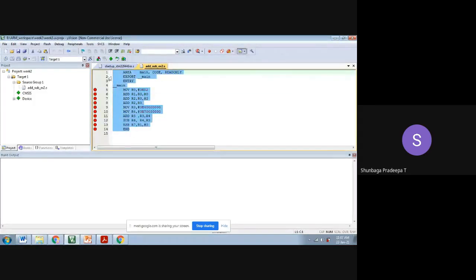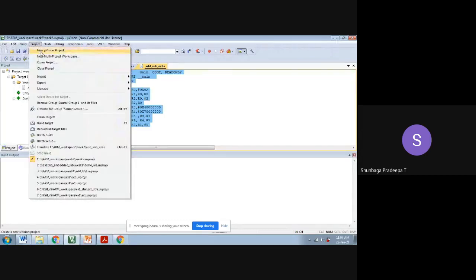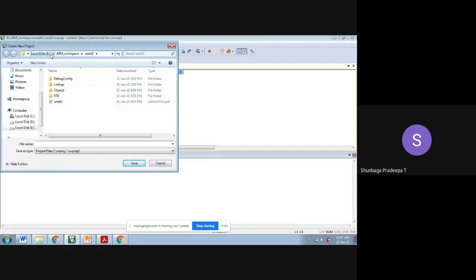Maybe I will show you by creating the project again. So what you have to do, go with project, new microvision project. So select the directory, embedded lab. So we'll go with V2. So in that folder, we are going to save all the projects.